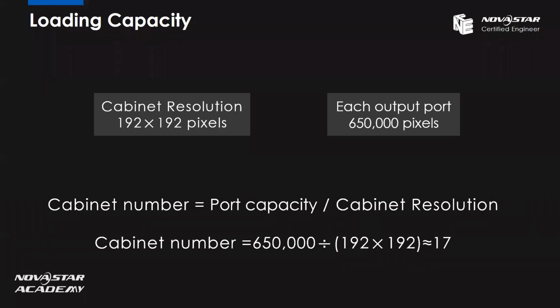So the cabinet number is equal to the loading capacity of each output divided by the cabinet resolution. It is 650,000 pixels divided by 192 by 192. After calculating, we get the result of 17. So in this case, for each output port, we can load 17 cabinets.